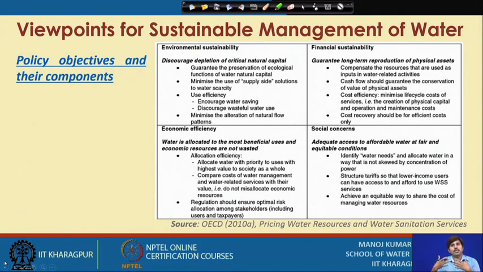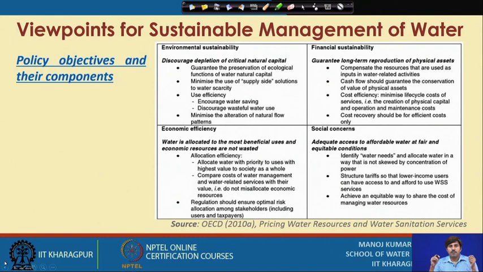If you consider water as an economic resource and take the perspective of an economist, he will say that the resource should be given to the section of society or community from where you get maximum return. That is its most beneficial use.